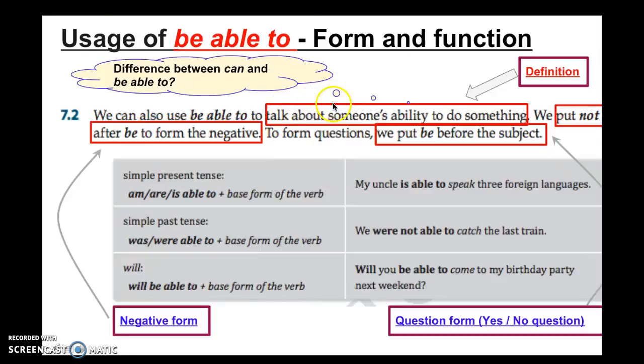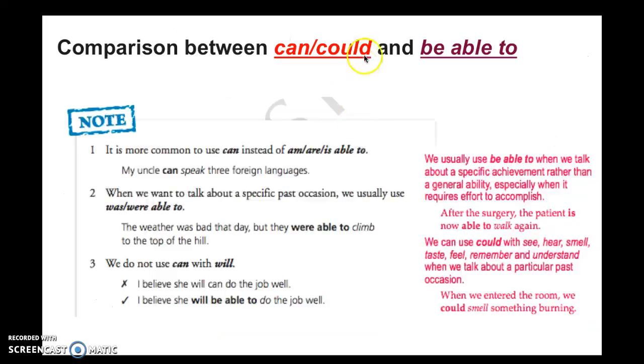The issue here is that since the two definitions of be able to and can or could are very close, it is hard to tell the difference between can and be able to. Other than the definition and the forms, it also talks about the difference between can, could, and be able to. This is what is found in the workbook.